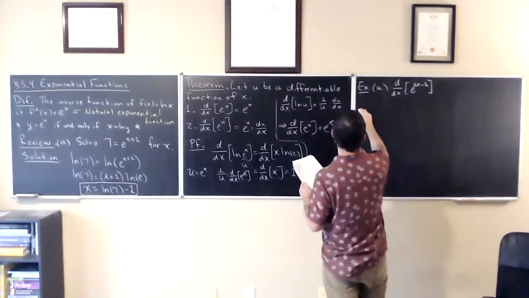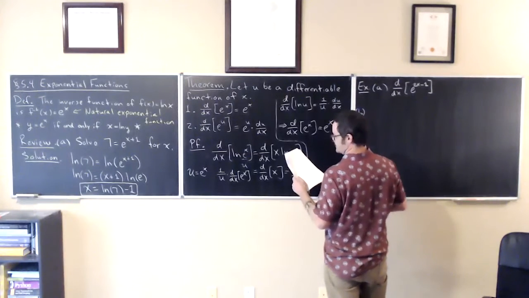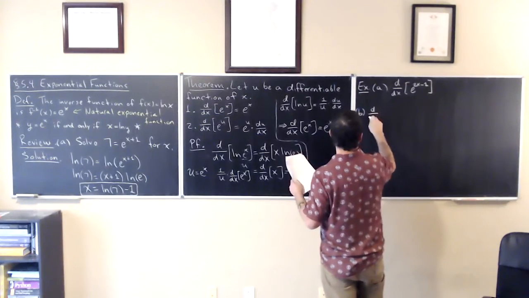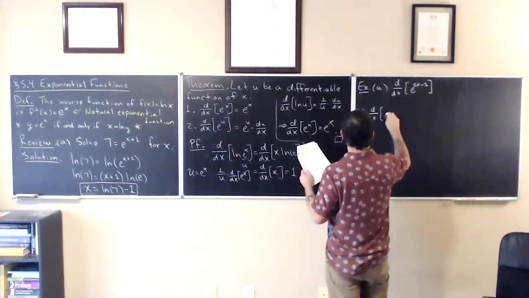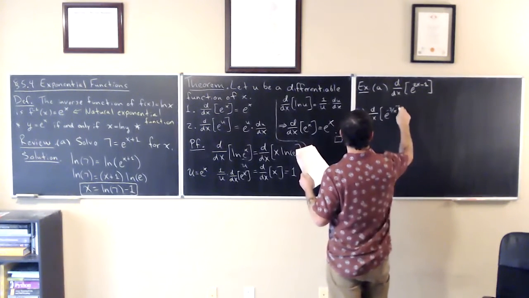And then example B, let's look at the derivative with respect to x of e to the power negative 3 over x.